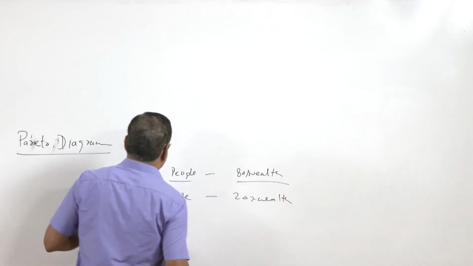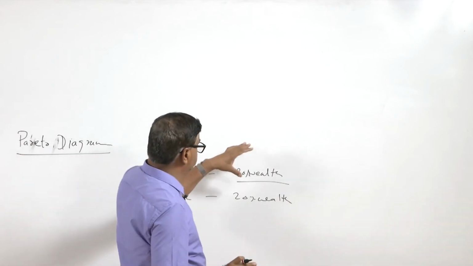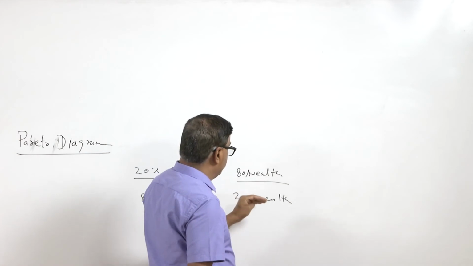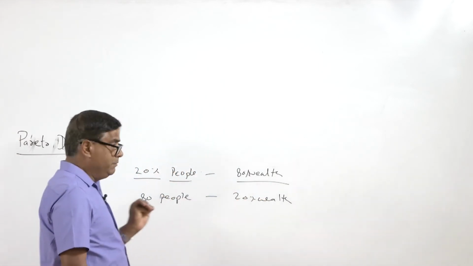So, there were very few very rich people, and there were many people with very limited wealth.